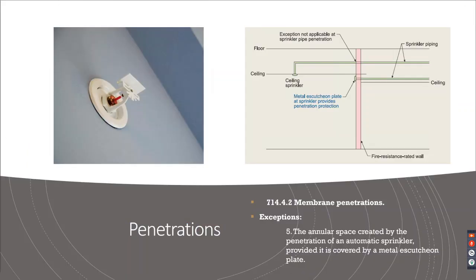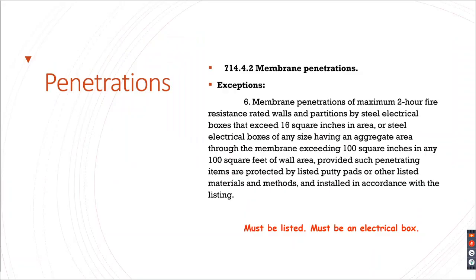Now, another exception, number 5, the annular space created by the penetration of an automatic sprinkler, provided it's covered by a metal escutcheon plate. So that opening there is going to be protected with that escutcheon. And then 6, lots of exceptions.